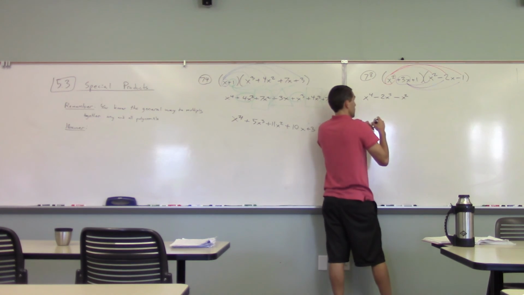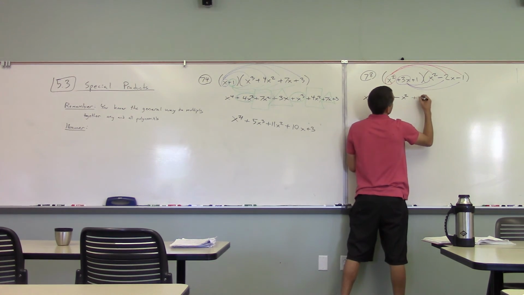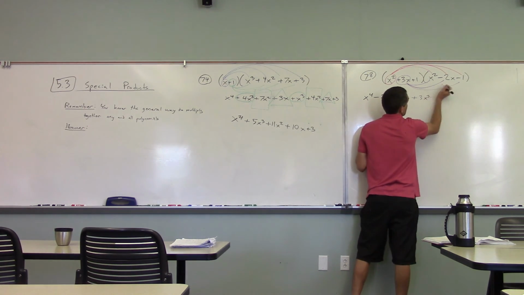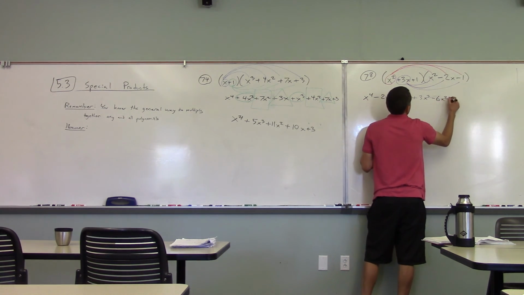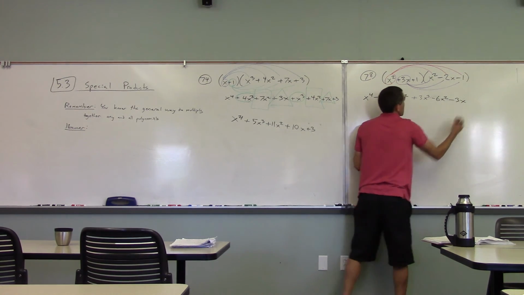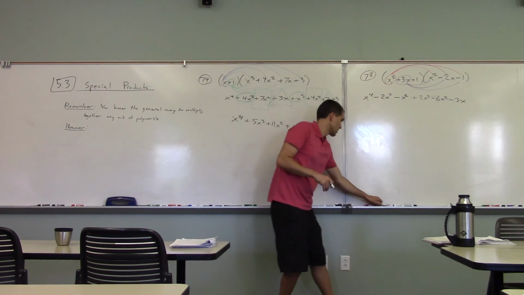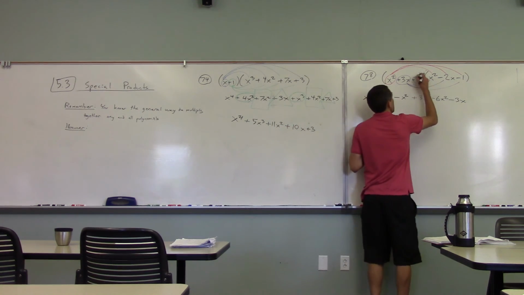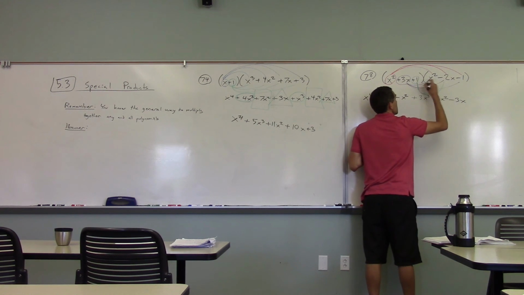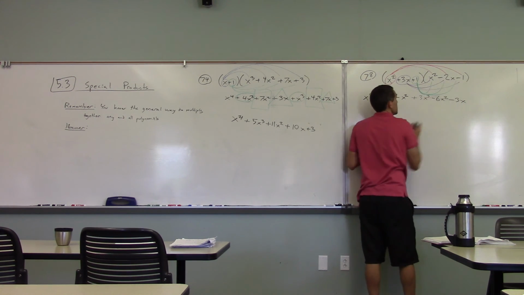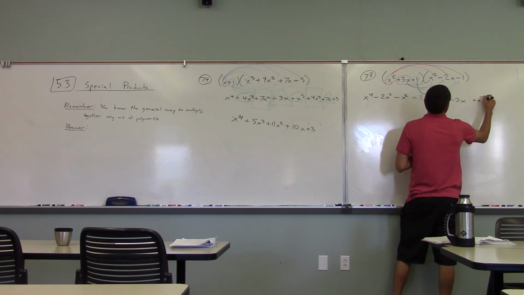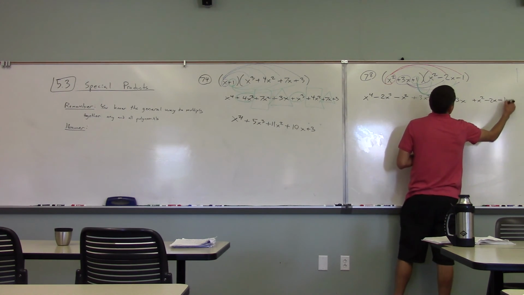So we get plus 3x cubed, minus 6x squared, minus 3x. And then the 1 with x squared, with negative 2x, and with negative 1. So we get plus x squared minus 2x minus 1.